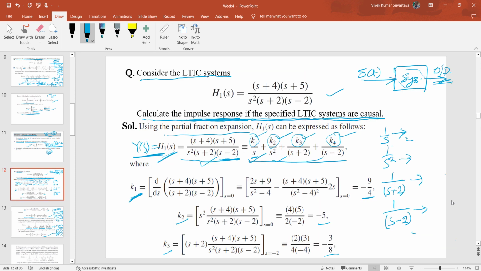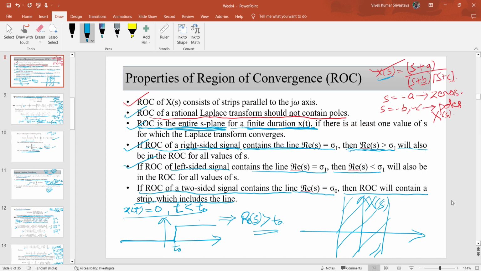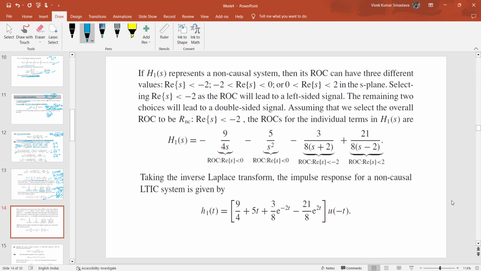Here also I mentioned that for a right sided signal containing the line real part of s equal to sigma 1, the region of convergence will be greater than sigma 1. That's how we can say it is a right sided signal.